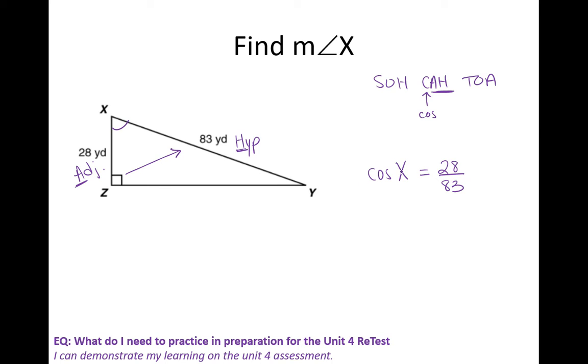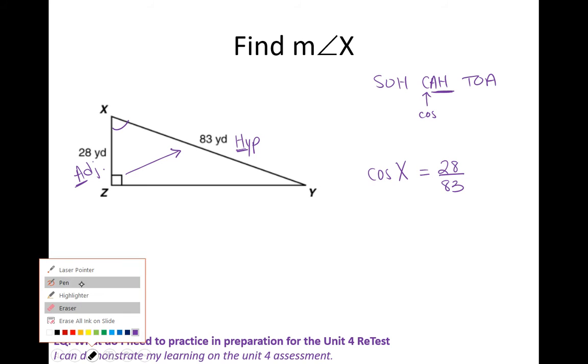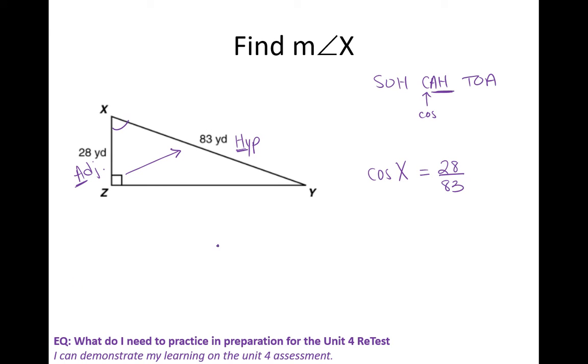So this one, I want to get X by itself, but I have to somehow get rid of the cosine, because remember that X represents an angle and it's stuck with the cosine. So the key here is going to be to get rid of cosine, or do the inverse operation for cosine, which happens to be cosine inverse.